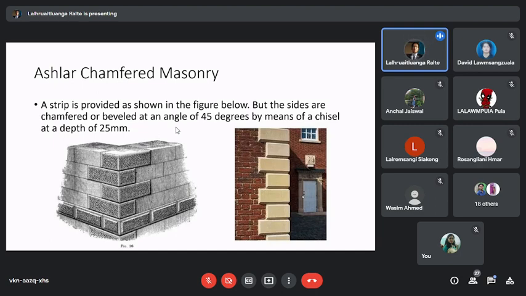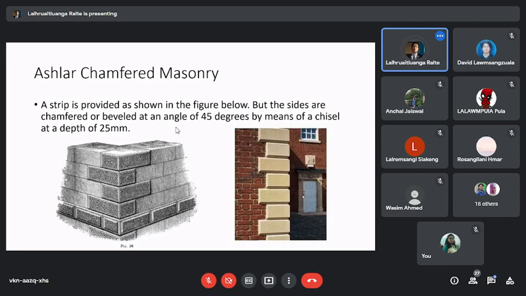So chiseling all the blocks is going to be a bit costly and time consuming, or energy consuming, so you would often find this chamfered masonry on the quoins, sorry, on the quoins, meaning on the edges of your masonry. Here on the right hand side we can see that ashlar chamfered masonry in combination with your brick masonry.